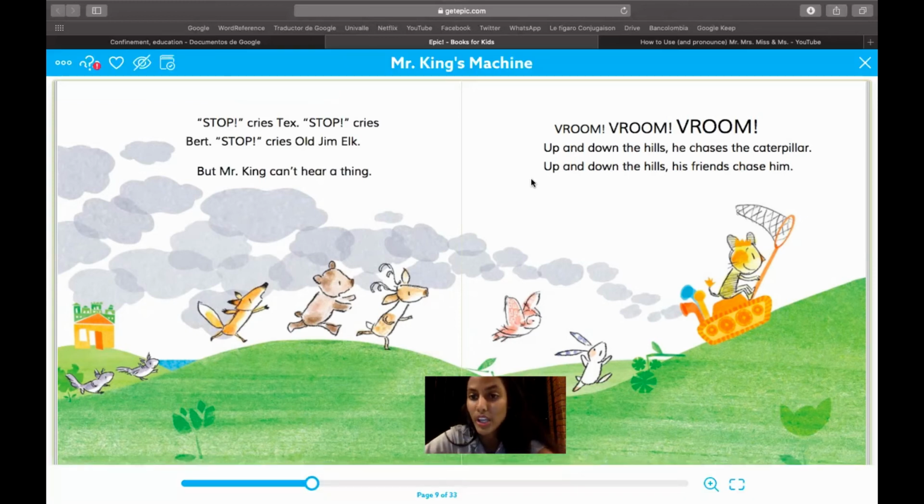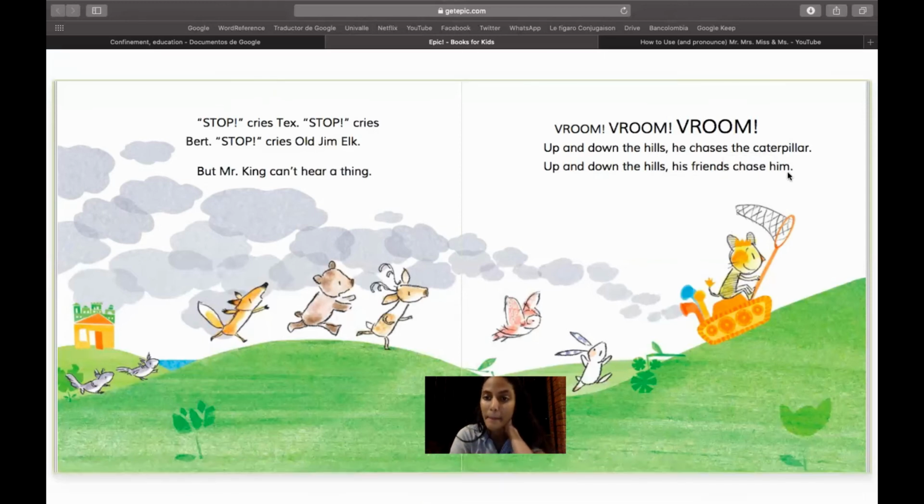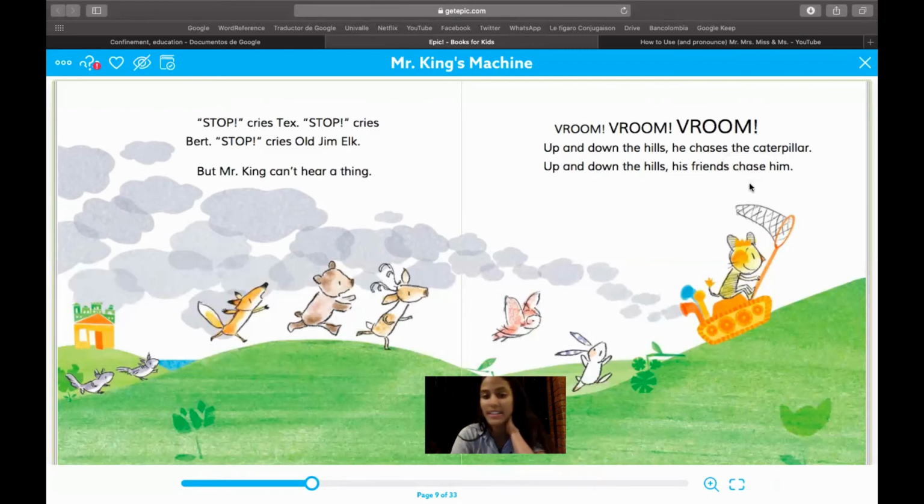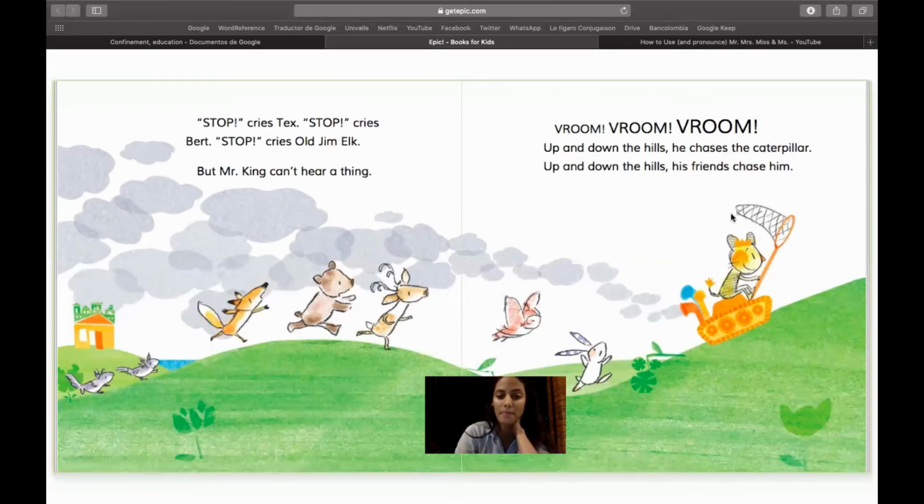Pay attention, here's the verb, chases. Chase in Spanish is perseguir. He chases the caterpillar up and down the hills. His friends chase him. His friends, they, ellos lo persiguen. They chase him. Not chases, because it's not she or he.